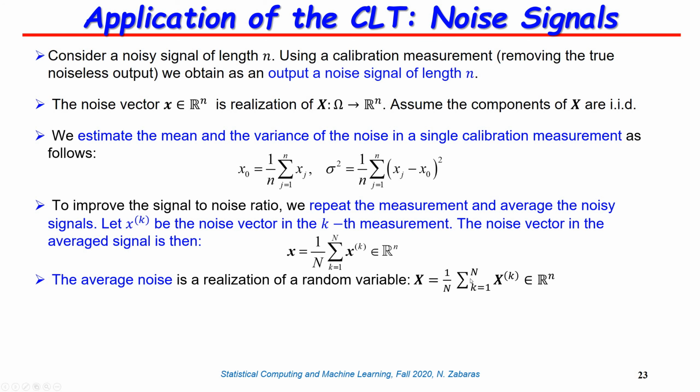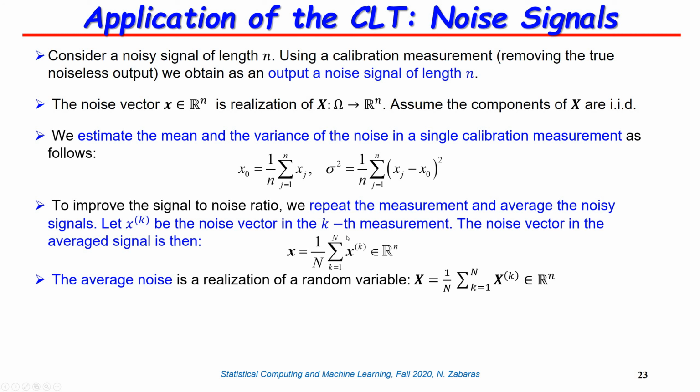And obviously this is a realization from some random variable, capital XK that you see here. And the question is now, if we look at the different time instances, can we say something about the behavior of the average noise vector?